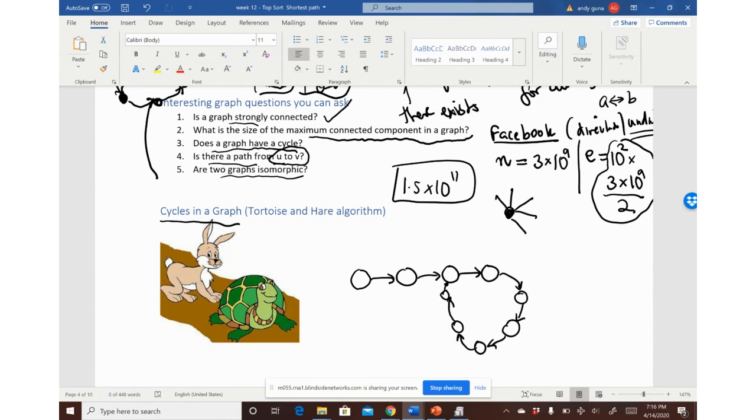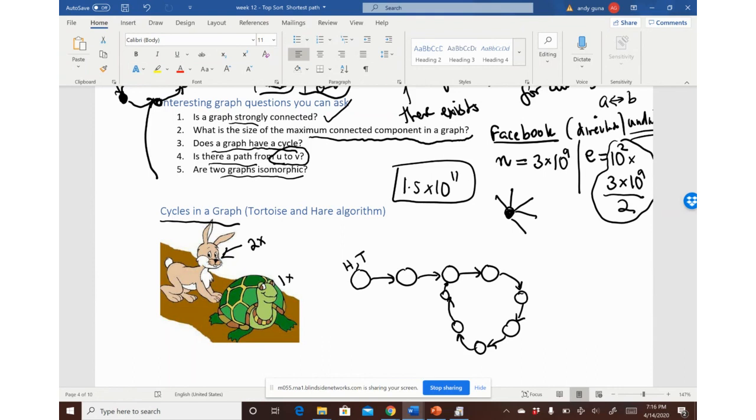So the idea is that we know this guy is fast, two times as fast, and this guy is slow, so one times, or half the speed. If you start them in the same place, the hare and the tortoise, this is time 0.